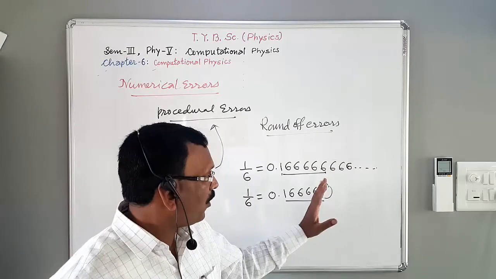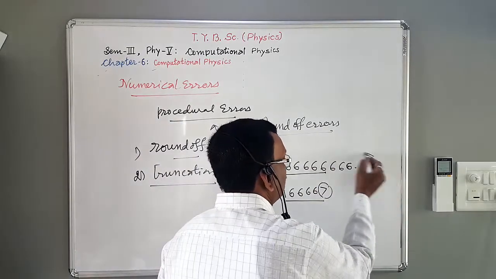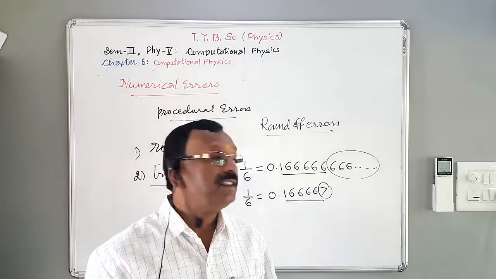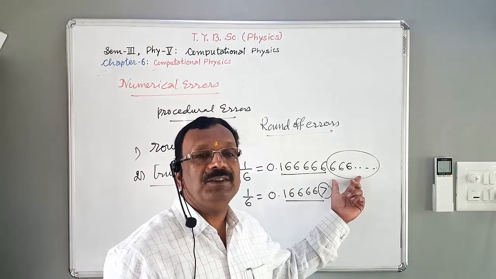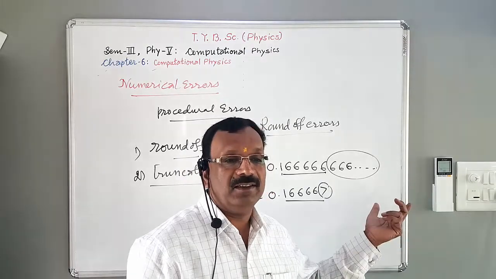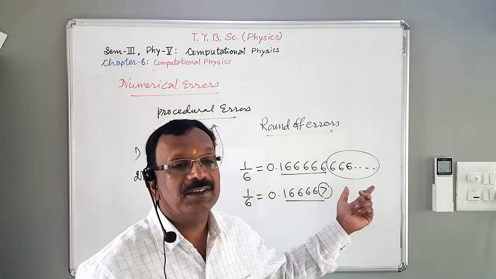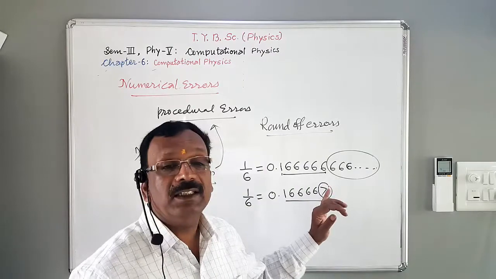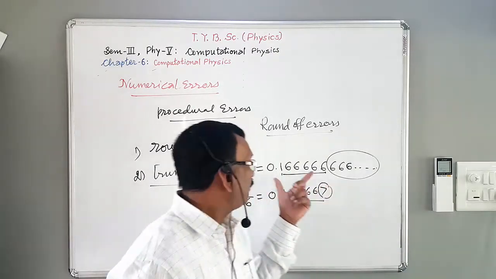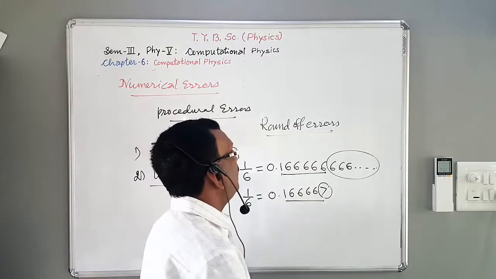Thus the process of omitting the superfluous digits and keeping only the desired number is called round off. What is meant by round off?